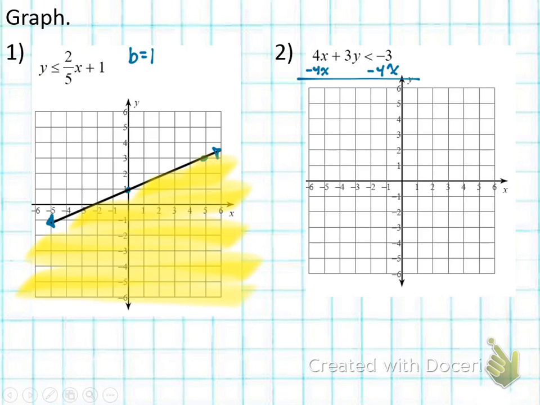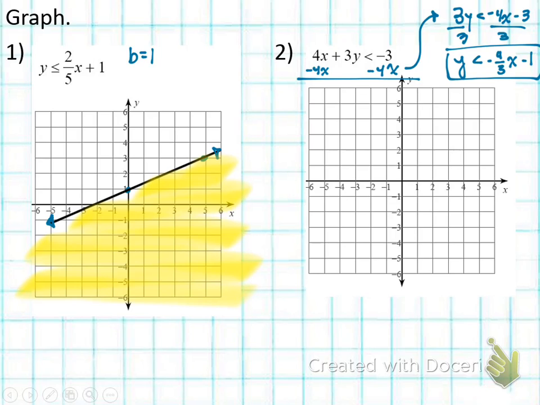When we do that, we get 3y is less than negative 4x minus 3. Dividing both sides by 3, we get y is less than negative 4/3 x. Negative 3 divided by 3 is negative 1.